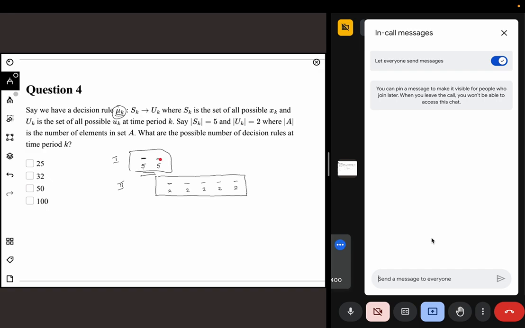I have 2 different actions that I have to take, and there are 5 different states, so every action has 5 different possibilities. This is one way of formulating the problem. The other one is where I have 5 different states, and each state has 2 possible actions that I can take. So one or two, which one are we doing here? Second one. So this will give you 5 squared, and this will give you 2 to the power 5. And we are doing the second one. This is 32. I think now it is clear.